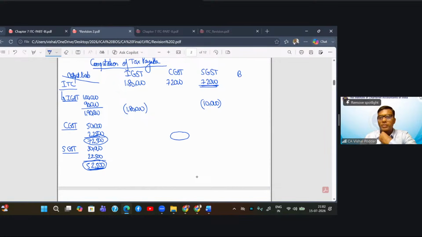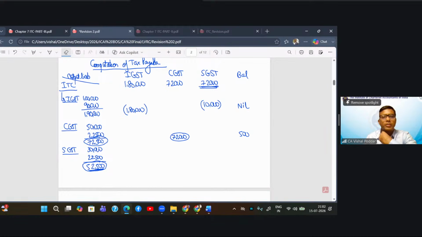Is there any balance of the IGST credit? Answer is no. Now I can start with CGST credit. How much credit do I have? 72,500. Out of that, I'll use 72 here. 500 I will carry forward. I hope you understood this, students. So 72 I'm using here. Now this 52,500 I will use here. Correct. And again, I'll have nil balance.